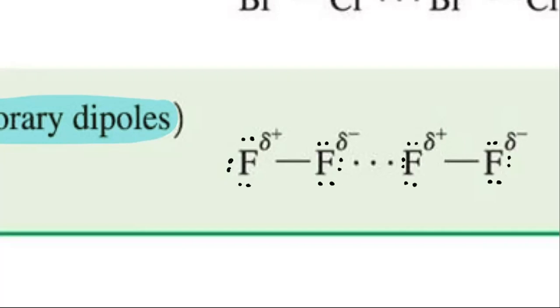Fluorine is a linear molecule in which it has the same atom on either side. So it has symmetry. So let me ask you guys, when it comes to polarity, is this molecule polar or non-polar? Let's put it in the chat. Is this molecule polar or non-polar?